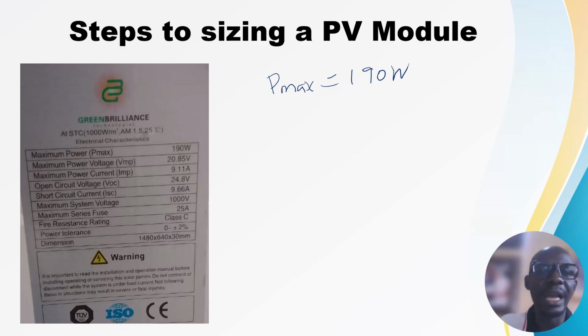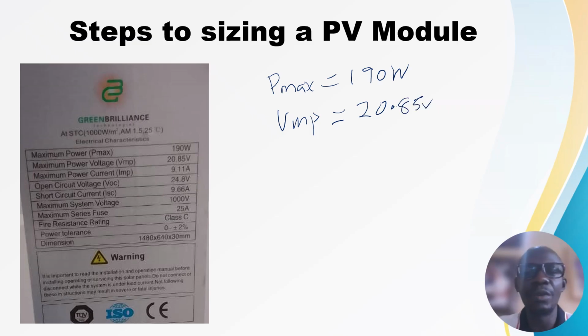And the VMP equals 20.85 volts. The VMP is the voltage at the maximum power. And this IMP, which is 9.11A, is the current at the maximum power. The current the panel will deliver at 190 watts.